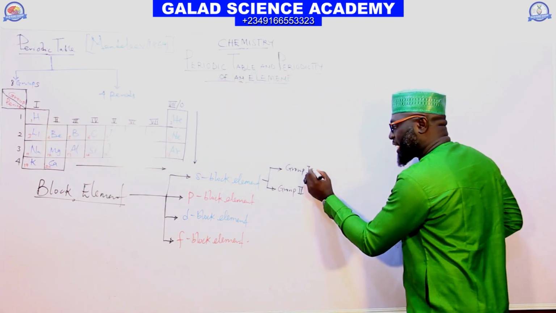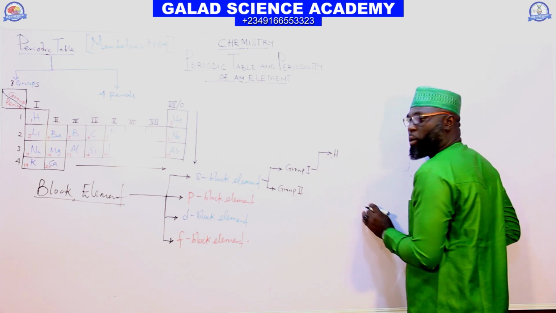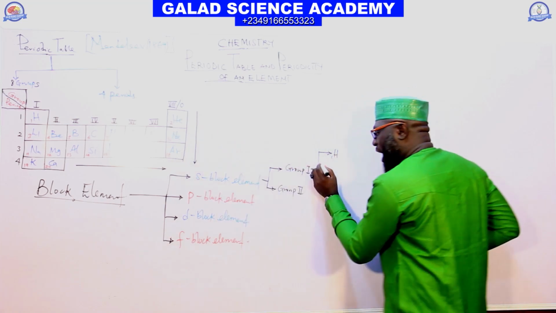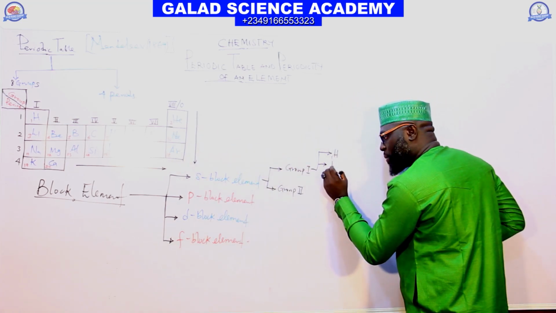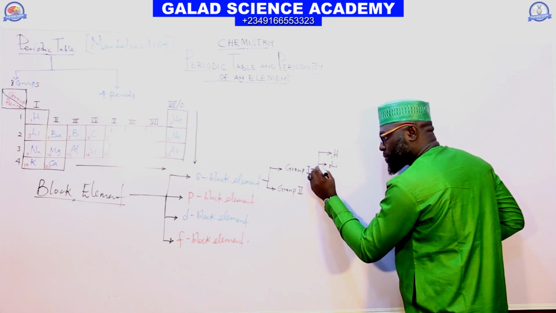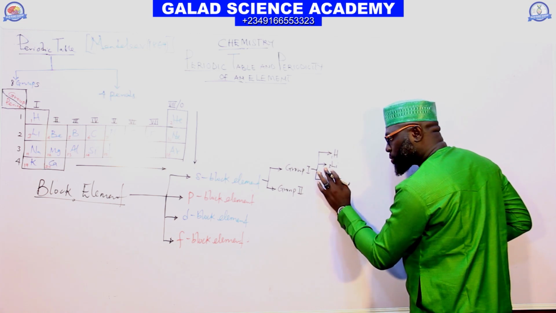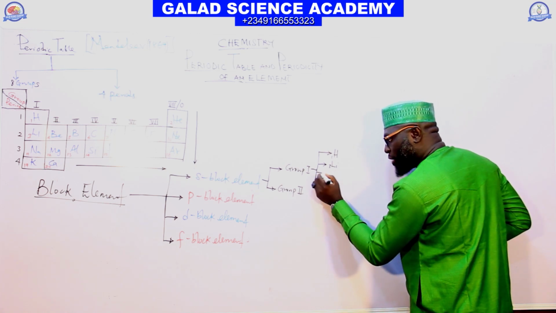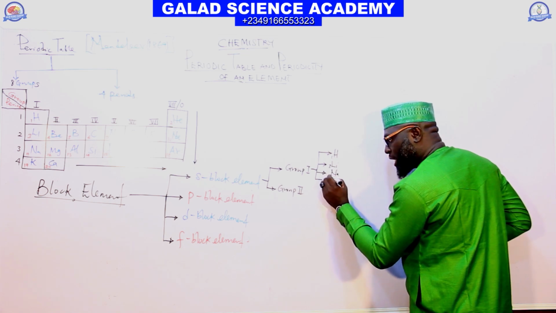Take for instance, in group 1 we have hydrogen, atomic number 1. The second one we have lithium, atomic number 3. The third one we have sodium, atomic number 11.